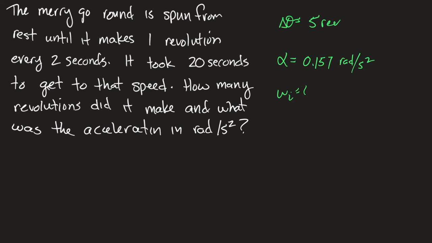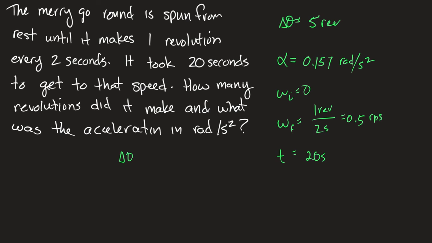Here's what I used. The initial velocity is 0. The final velocity is 1 revolution every 2 seconds, so that's 0.5 revolutions per second. And the time was 20 seconds. Are those the parameters you used? Keep going.